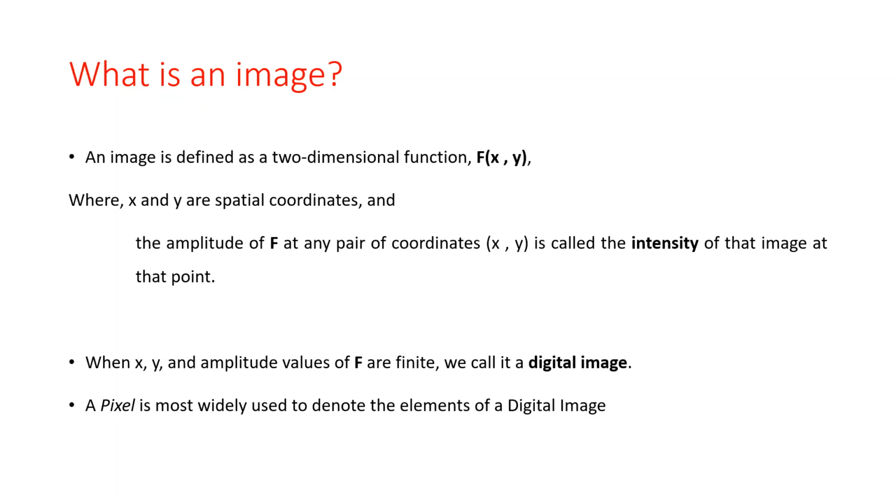A digital image is composed of a finite number of elements, each of which has a particular value at a particular location. These elements are referred to as picture elements, image elements and pixels. Here, pixel is the most widely used term to denote the elements of a digital image.